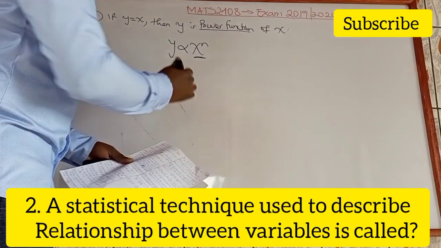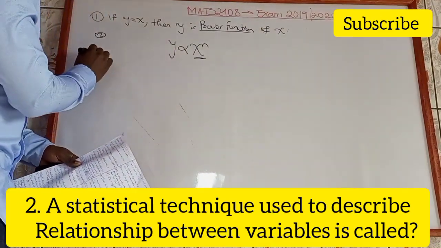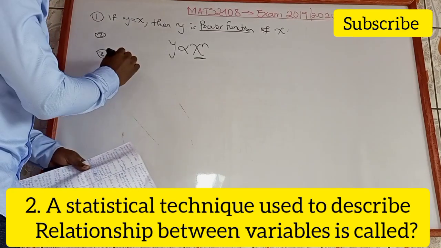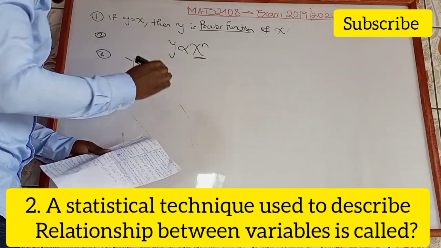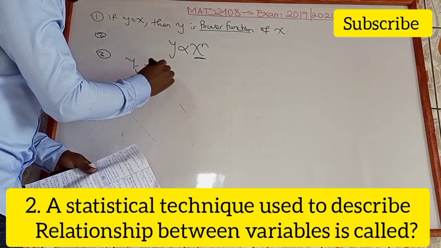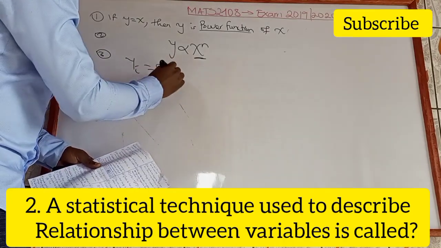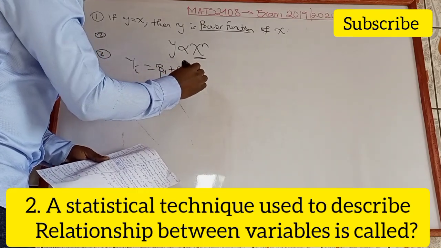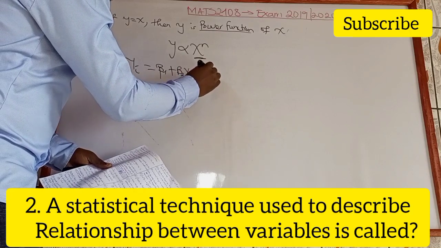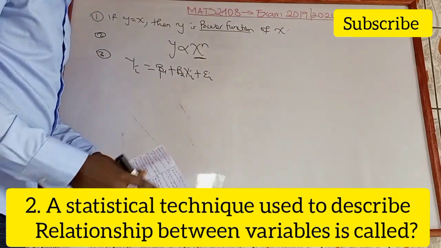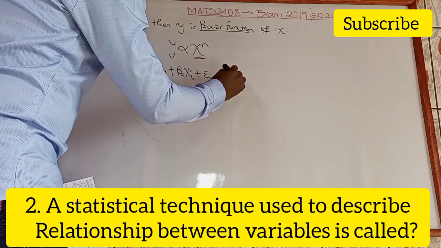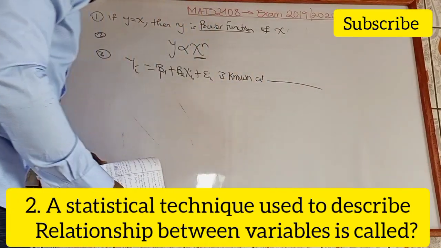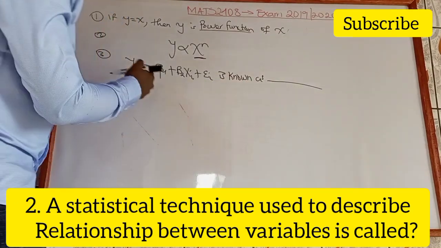And then number 3, the model given by yi equal to beta 1 plus beta 2 xi plus epsilon i is known as the regression line of y on x.